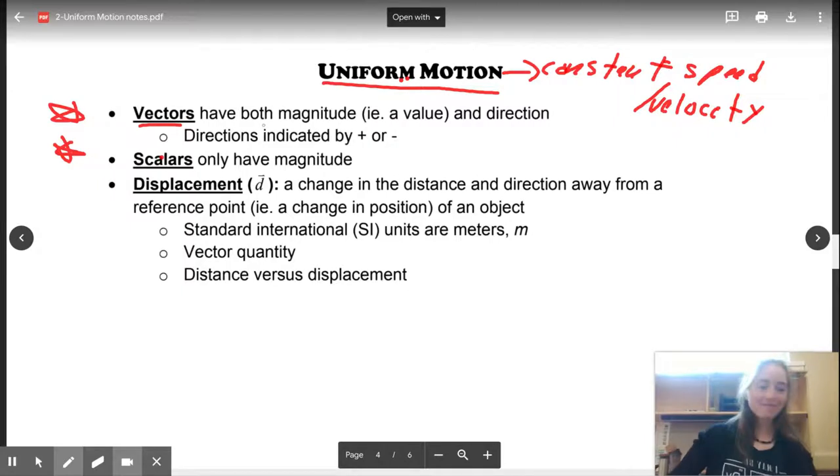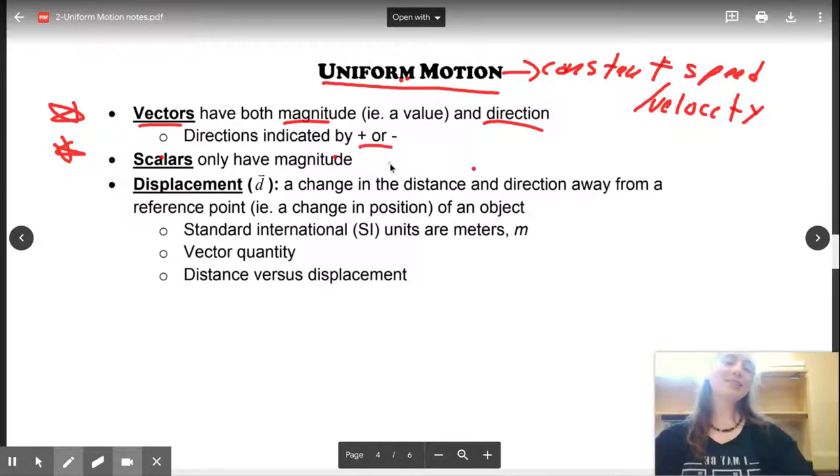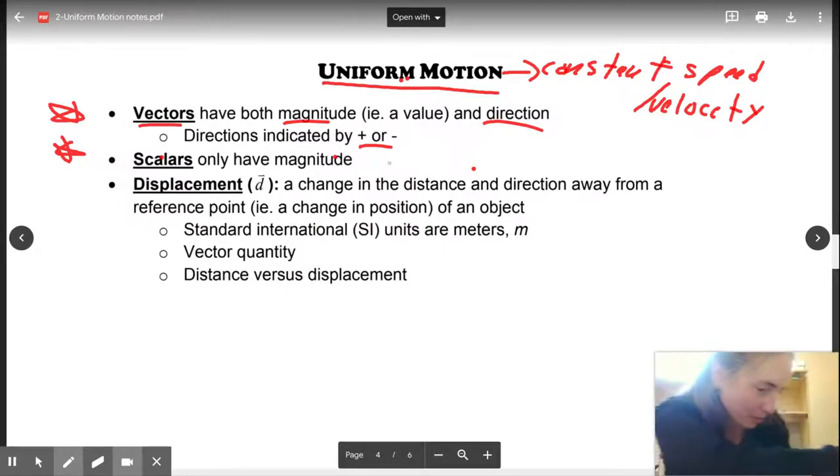Exactly, it's a thing. So, vectors, ladies and gentlemen, are values that have both magnitude, so a size or a value, and a direction. Mathematically, we represent these by positive and negative values to indicate they're going in opposite directions or the same direction. If we have 2 objects going one direction, we can make them both positive.